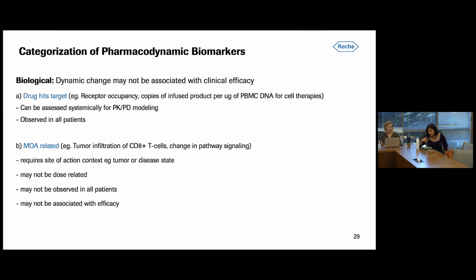I'll give you an example that I came across just recently, where there was a cell therapy developer that was the first to develop the cell therapy. And they were so careful in the way they designed their clinical trial that they made sure that patients stayed in the hospital for at least a week after the cell therapy is infused back into the patients.